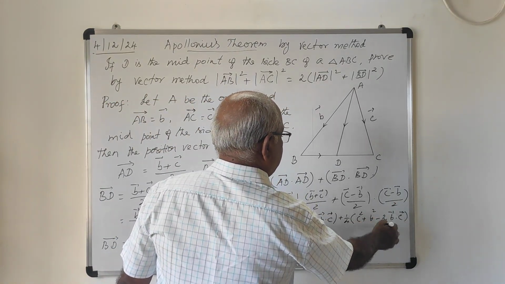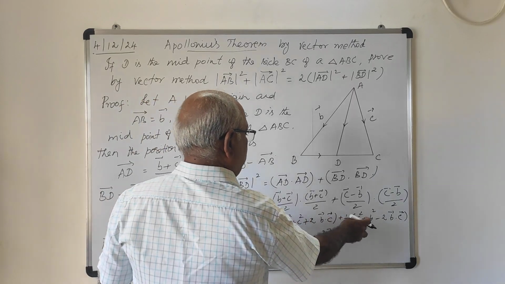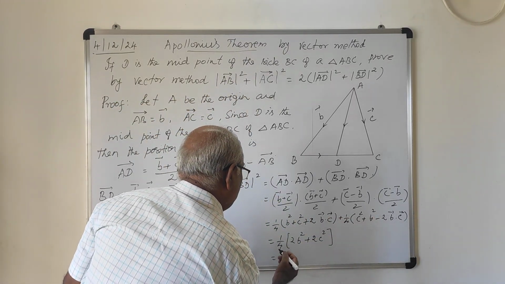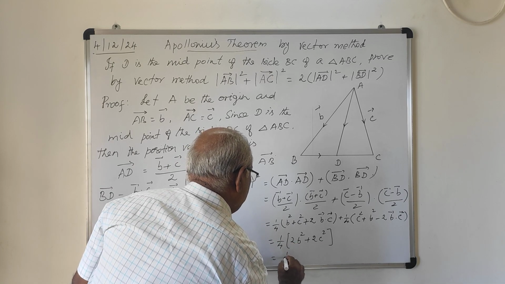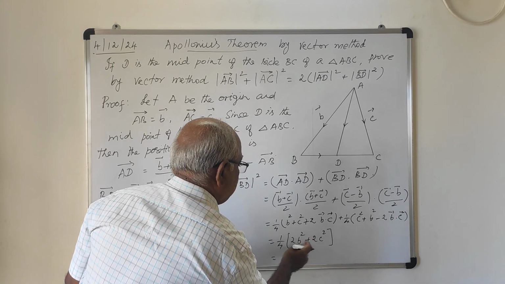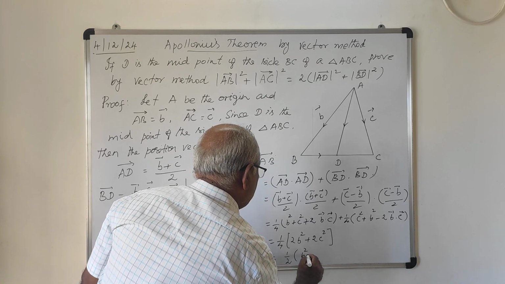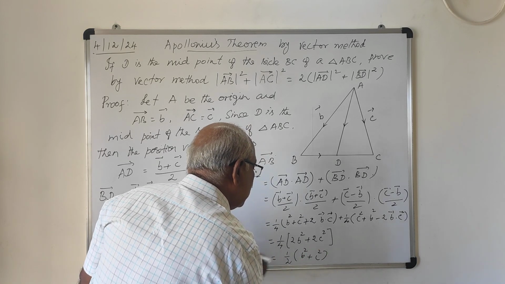These two terms get cancelled. Therefore, you get 2B² plus 2C² only. If you take 2 as a common term in the numerator, 2 by 4 is 1/2 into (B² + C²).